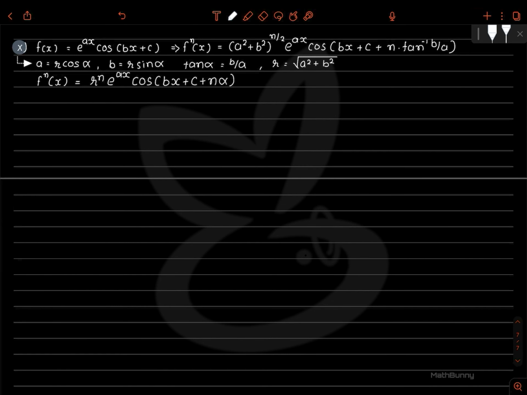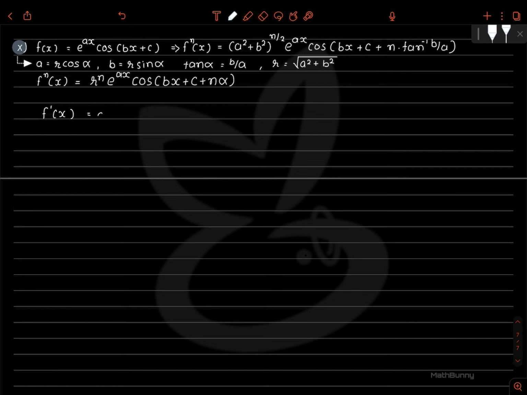The next function is f of x is equal to e raised to ax cos(bx + c). This is a little tricky function to find the nth derivative. Let us see. First, we will find f dash of x. We will apply the multiplication and chain rule.